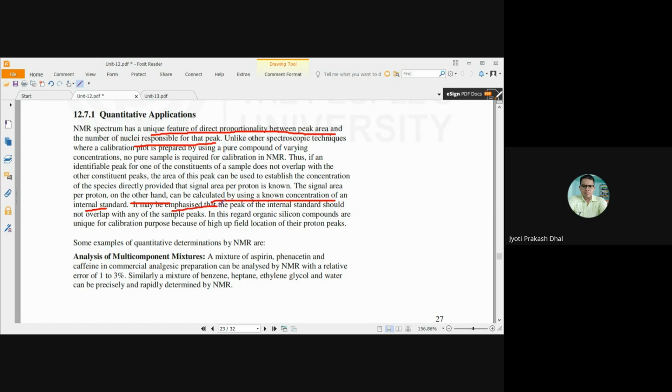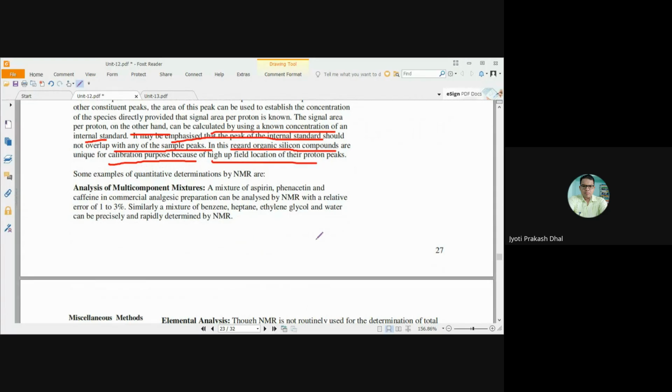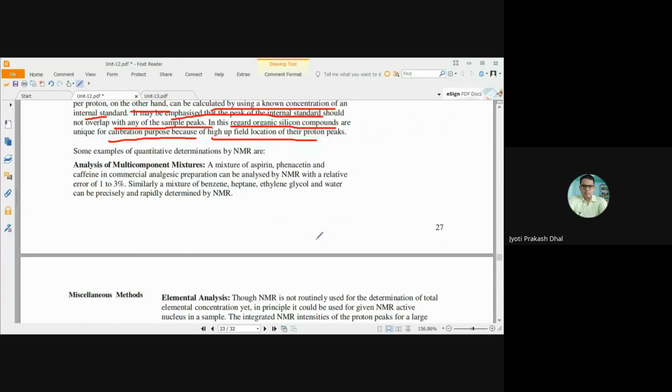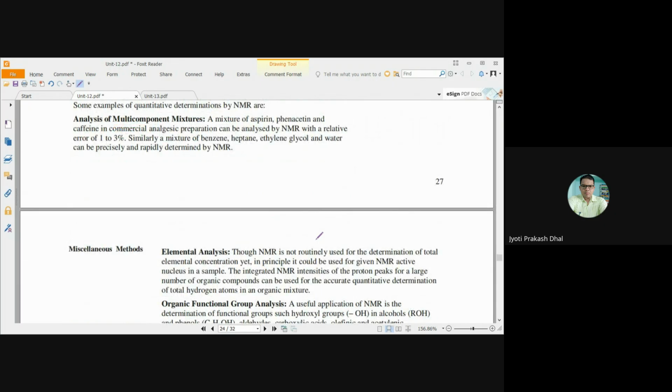It may be emphasized that the peak of the internal standard should not overlap with the sample peaks. In this regard, organic silicon compounds are unique for calibration purposes because of their high upfield location, that means the TMS.